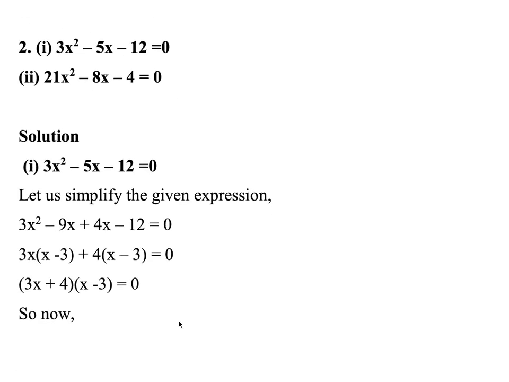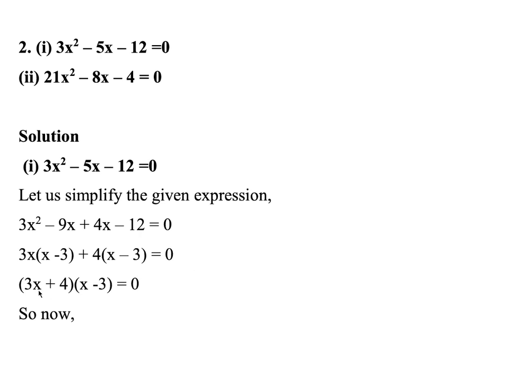Come to the next problem. 3x square minus 5x minus 12 is equal to 0. So again let's simplify the given equation. 3x square minus 9x plus 4x minus 12 is equal to 0. In the same way, take 3x as common, the remaining part is x minus 3, plus take 4 as common, the remaining part is x minus 3 is equal to 0.